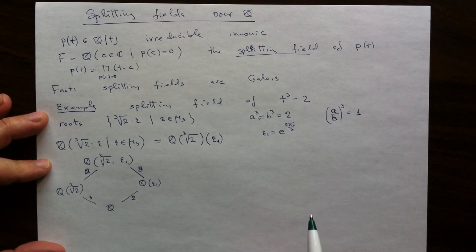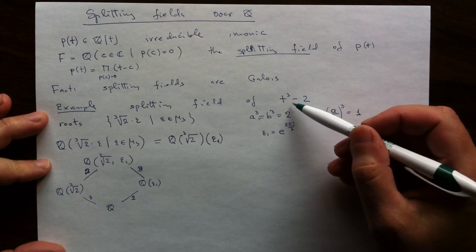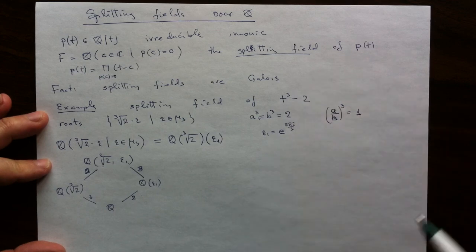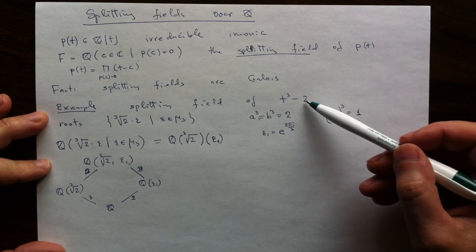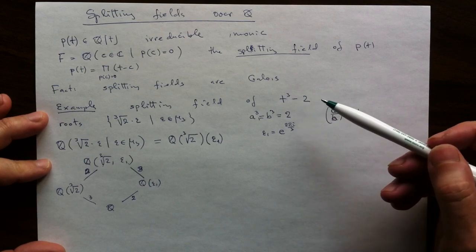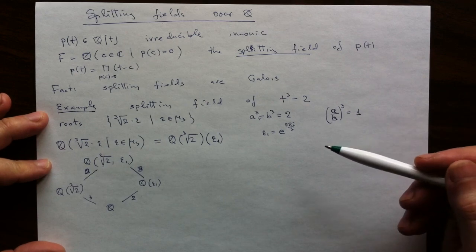So splitting fields, what I'm going to say is applicable specifically to degree 3 polynomials. So splitting fields of a polynomial of degree 3 can be either of degree 6 or degree 3.